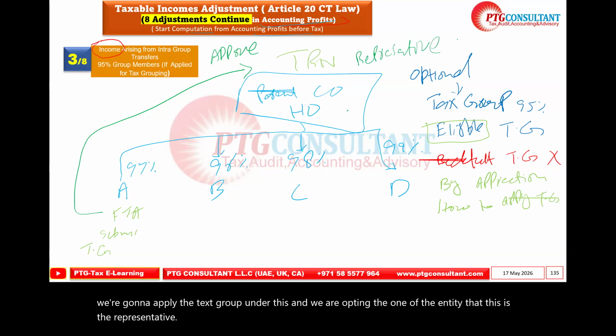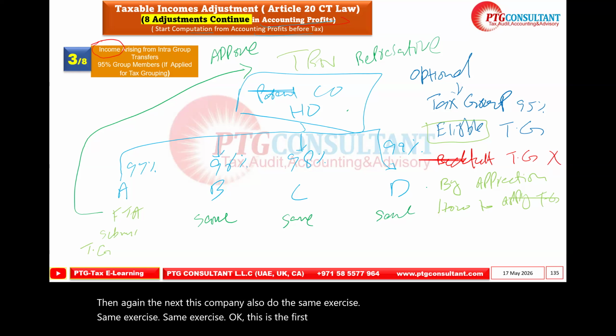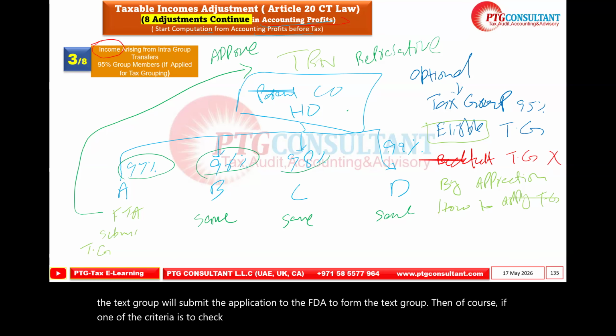Then this company also does the same exercise. This first process is completed. Now the tax group will submit the application to the FTA to form the tax group. Then of course, one of the criteria is to check the 95% or more holding.